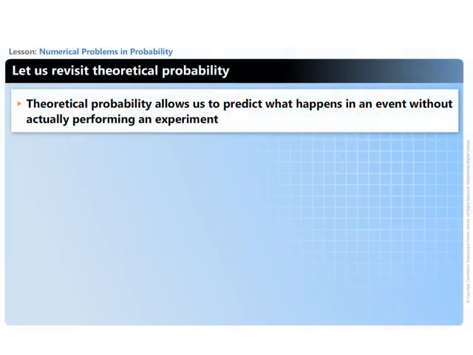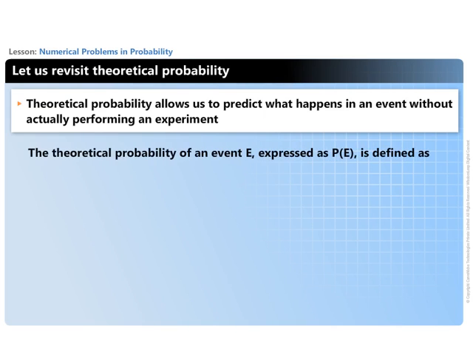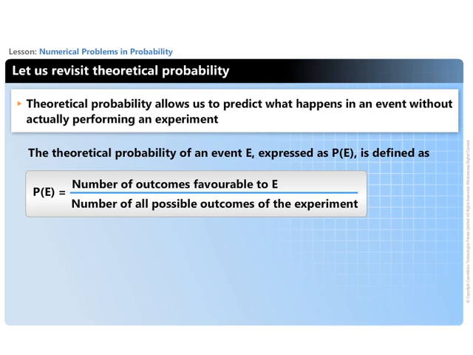Let us revisit theoretical probability that we have studied in earlier classes. Theoretical probability allows us to predict what happens in an event without actually performing an experiment. The theoretical probability of an event E, expressed as P(E), is defined as the number of outcomes favorable to E divided by the number of all possible outcomes of the experiment.